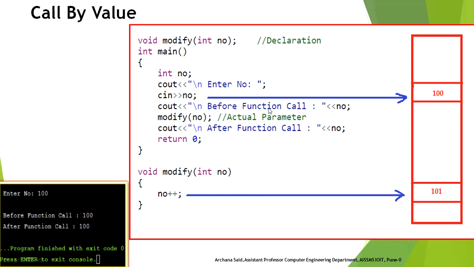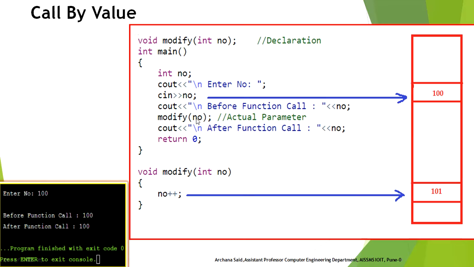So in memory this NO contains 100. We have printed the value before the function call and after the function call to help you identify whether, if we change the value of a variable in the function, it is reflected in the calling program or not. This is the sole purpose of printing the value before and after the function call.